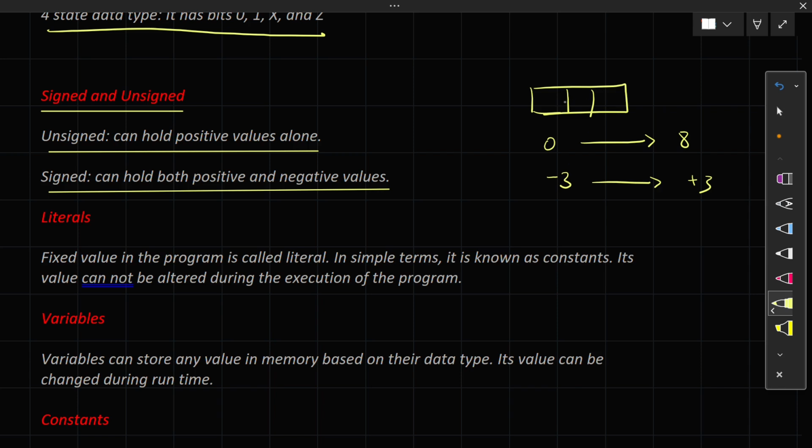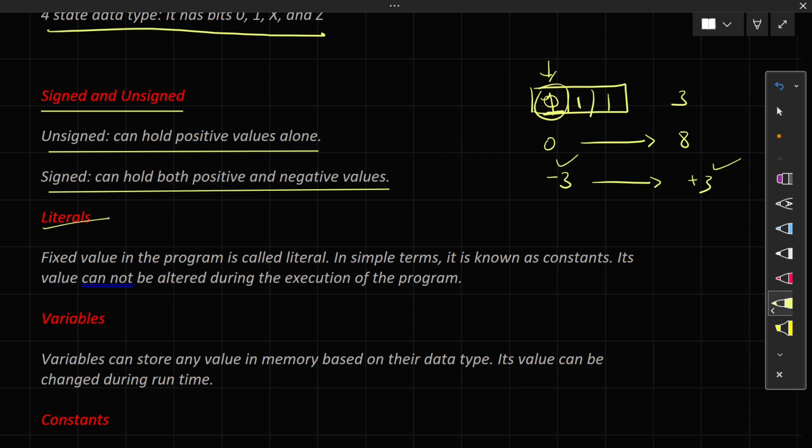Now how? If you are storing 3, it will be 0, 1, 1. In unsigned data type this value will be 3. But in signed, if the first bit is 0, then it is positive 3, and if it is 1, then it will be negative 3. In this way, the first bit shows whether it is a positive or negative number. So we have our signed and unsigned data types.